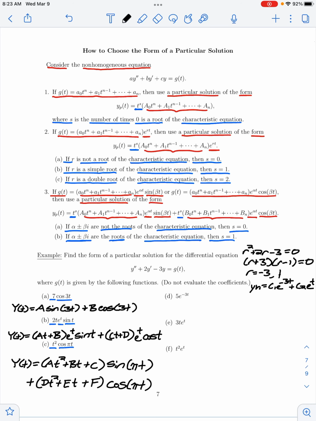So let's look at some other ones. In part D, we have a constant times an exponential, e to the negative 3t. So for our particular solution, we might consider something of the form a constant, a, times e to the negative 3t, the same exponential. However, we see here that a constant multiple of e to the negative 3t was part of the homogeneous solution.